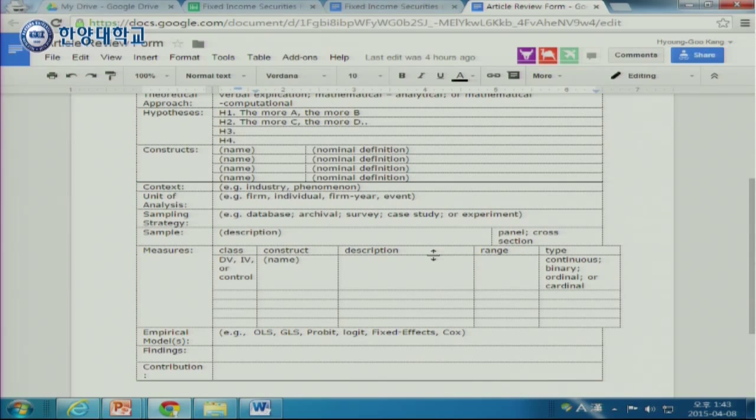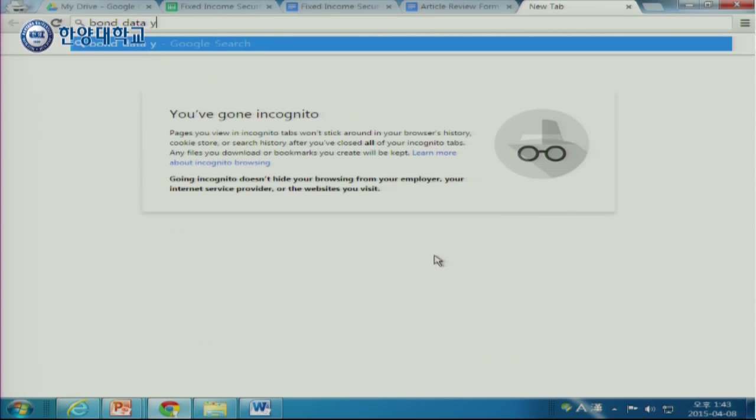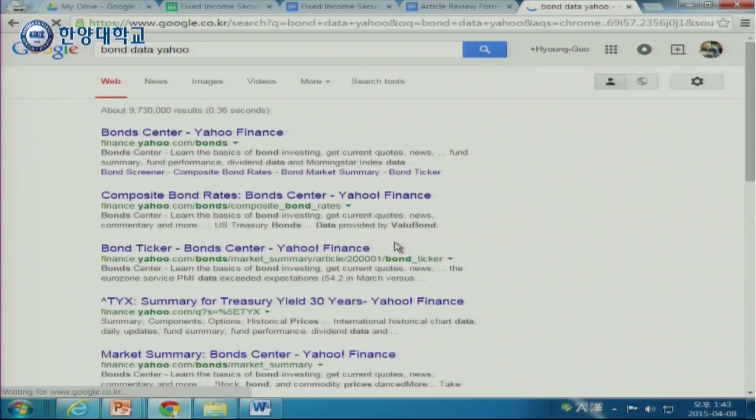You can either use a database like FN Guide, or you may want to use bond data at Yahoo. By the way, there is bond data at Yahoo. Bond Center.